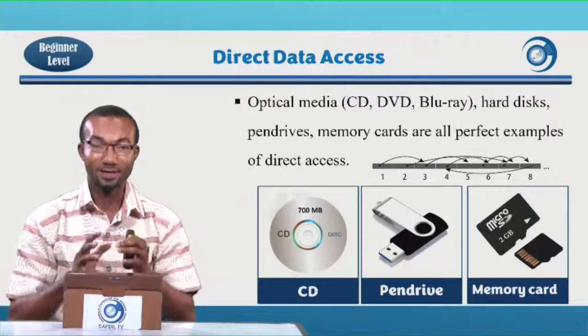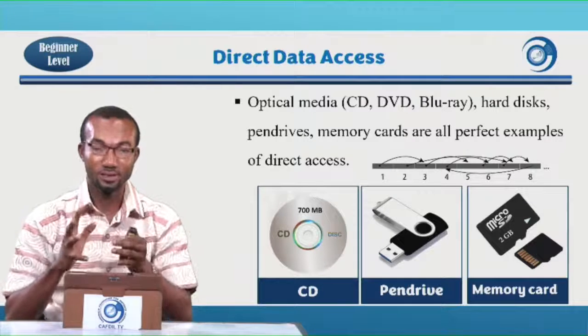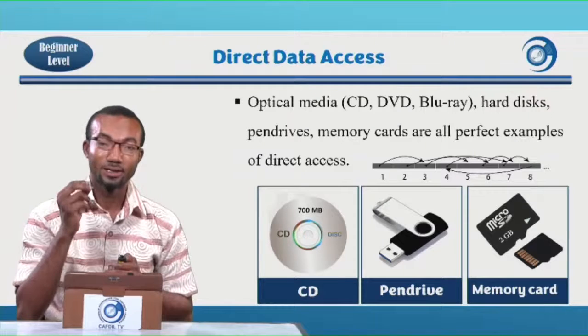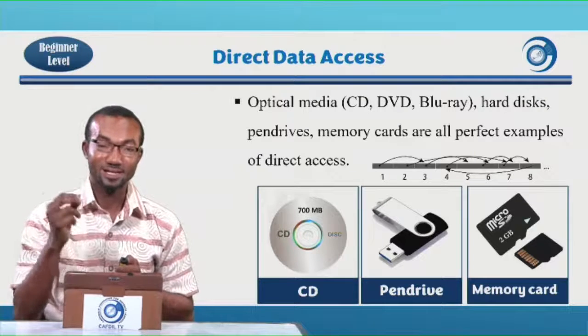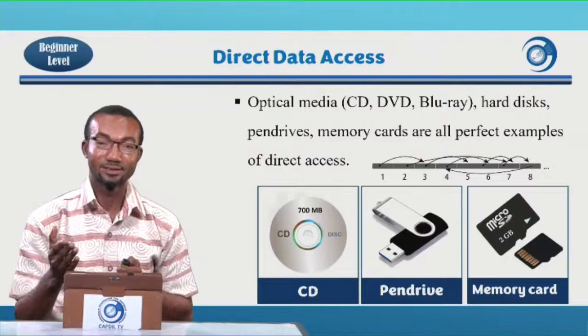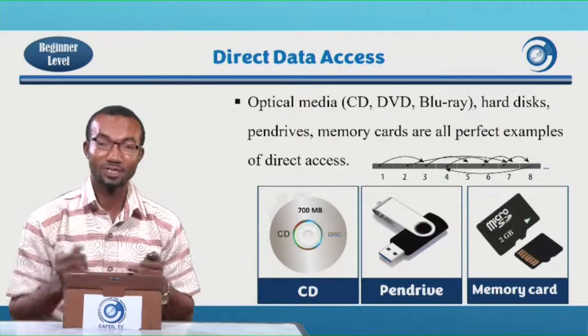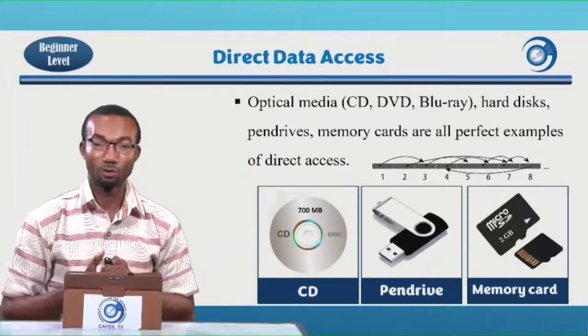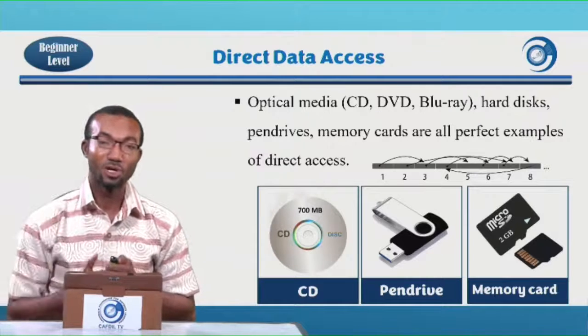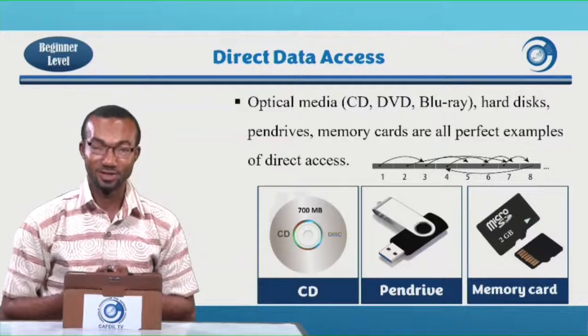But when it comes to a direct access, you can jump straight. That is the reason why the random access memory is like that. That is why we call it random access, because the processor can pick any part of data from anywhere for processing without going through a series of records.